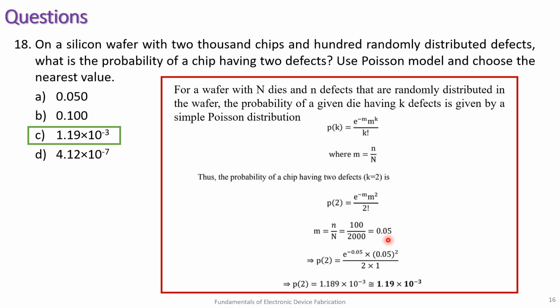So 100 by 2000 will give you 0.005. Once you get the M value, you can directly substitute in this equation: e power minus M into M power K, where K is 2 defects, divided by 2 factorial. You'll get approximately 1.189 into 10 power minus 3. So the nearest value is 1.19 into 10 power minus 3.